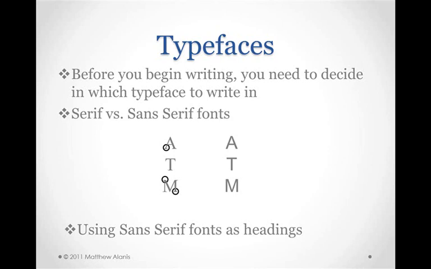It can make them difficult to see. But with a sans serif font, you don't have that problem because those same markings actually don't exist. And so what people predominantly use is your sans serif fonts such as Arial for headings, because they don't detract from your ability to do just that.